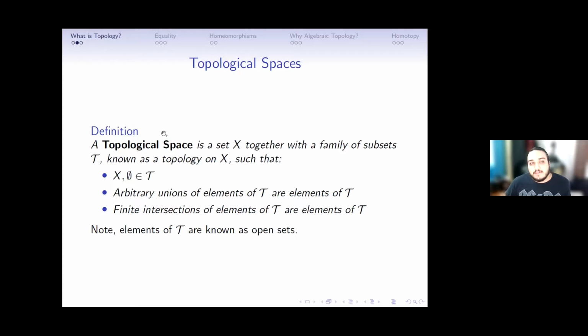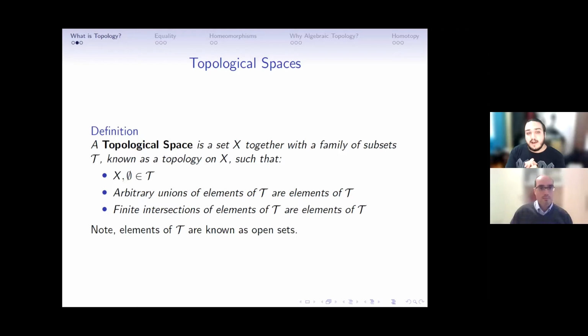If you've seen open sets before, from A level, there's the open interval, which is bounded but doesn't contain the bounds, for example. But here we're generalizing things slightly, and trying to come up with a way to label sets as open.